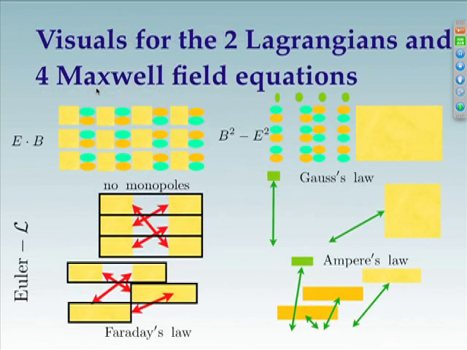And then we went ahead and derived, in the right way, all 4 Maxwell equations. The first column is for E dot B, and it gives us the no monopoles and Faraday's law. What's kind of neat about this graph is you can almost think about how each one of those terms is used.